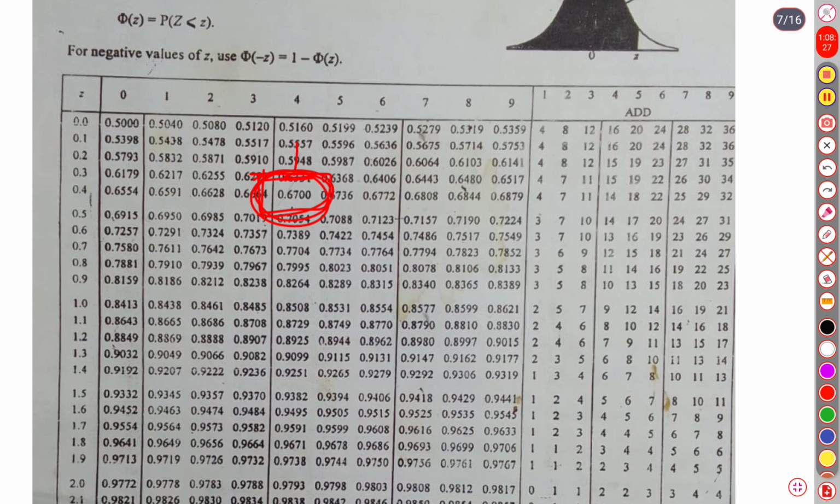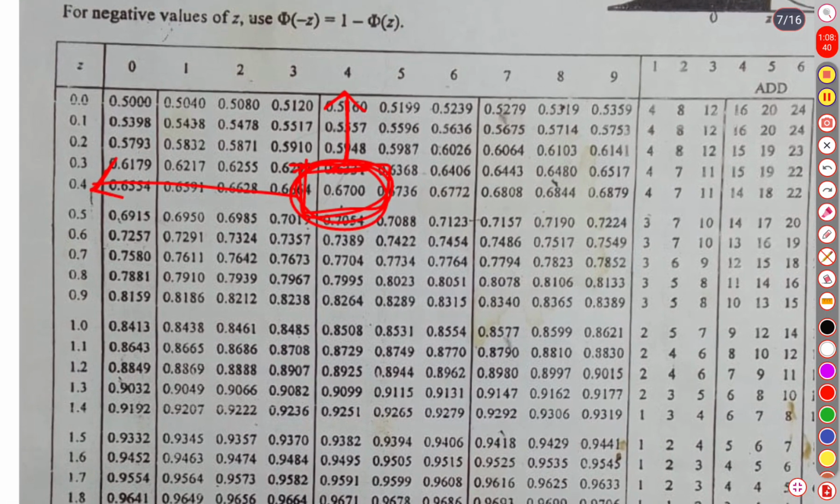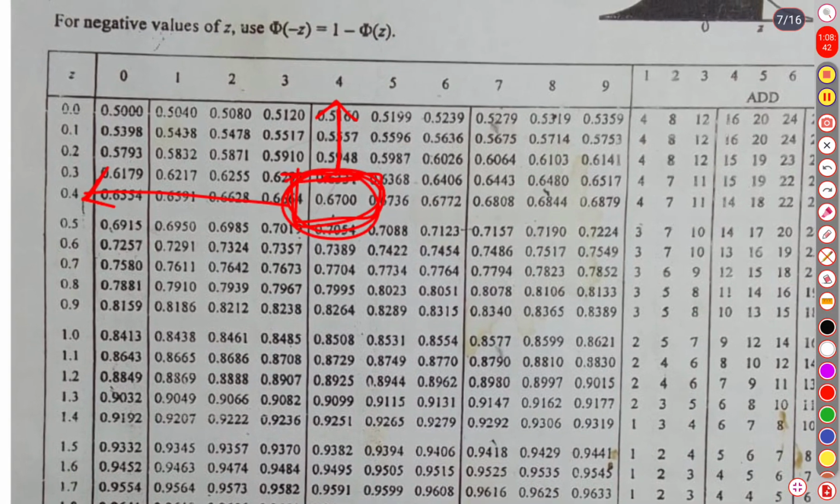This is column-wise, it is the fourth column, and the row is also 4, so it is actually 0.44. When probability is 0.67, our z-score is going to be 0.44.